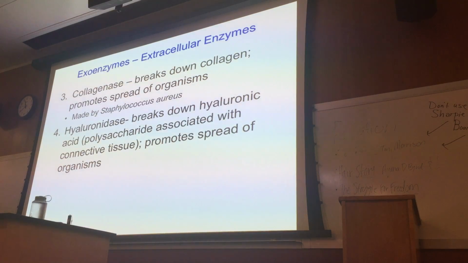So a big component of what we're going to talk about today are those toxins, because we briefly mentioned toxins in chapter 4 when we talked about plasmids, that plasmids can carry information for toxins. So today we're going to delve into the toxins also.